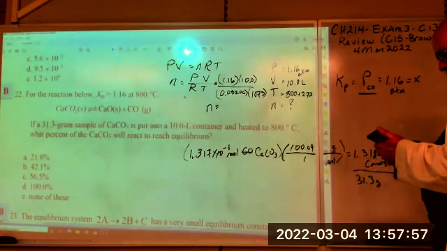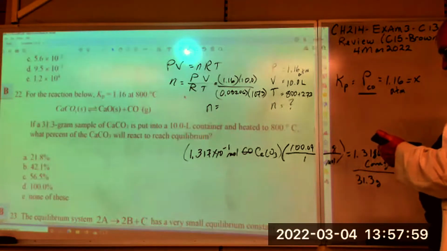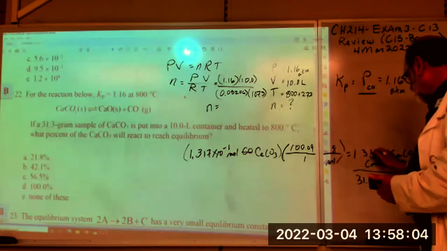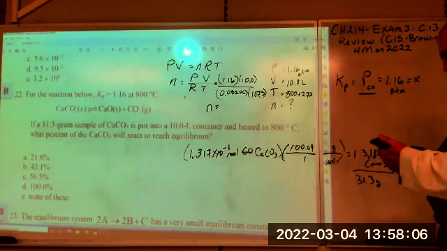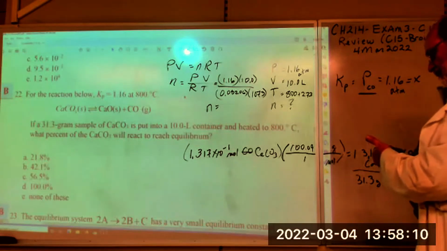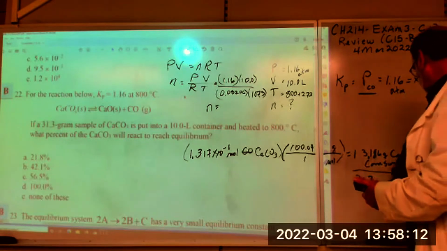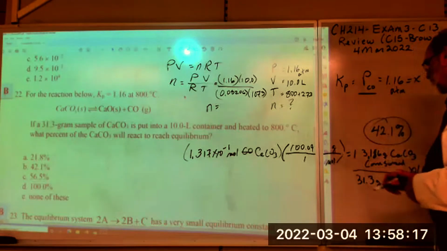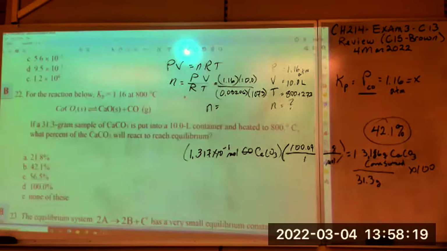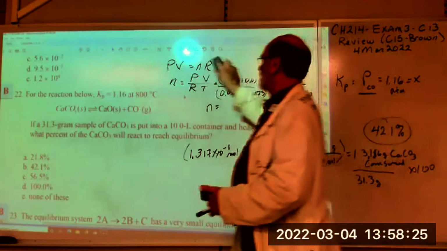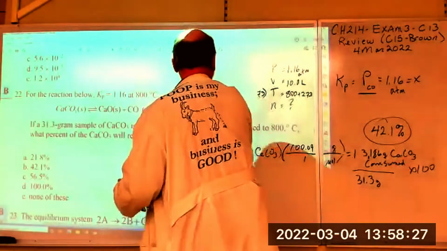Now times 100.09. And that gives us 13 divided by 31.3. That's 42.1. Okay. And go back and use our gas laws.